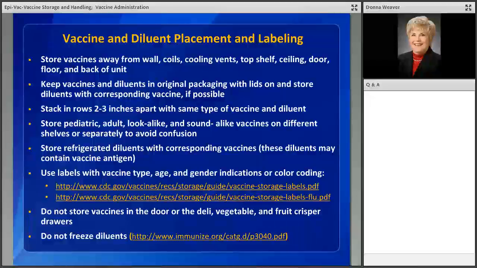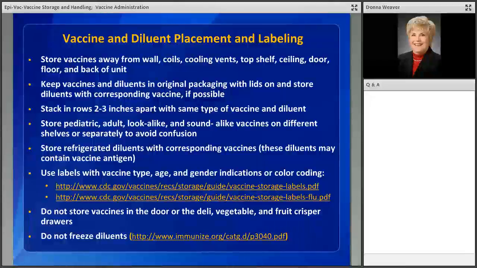Stack vaccines and diluents in rows by same type, with rows separated by 2 to 3 inches. This will promote good airflow around the vaccines. Now, you can store vaccines and diluents in their packaging in uncovered storage bins to help keep things organized and separated. Store pediatric and adult formulations on different shelves, and do not store sound-alike or look-alike vaccines next to each other.